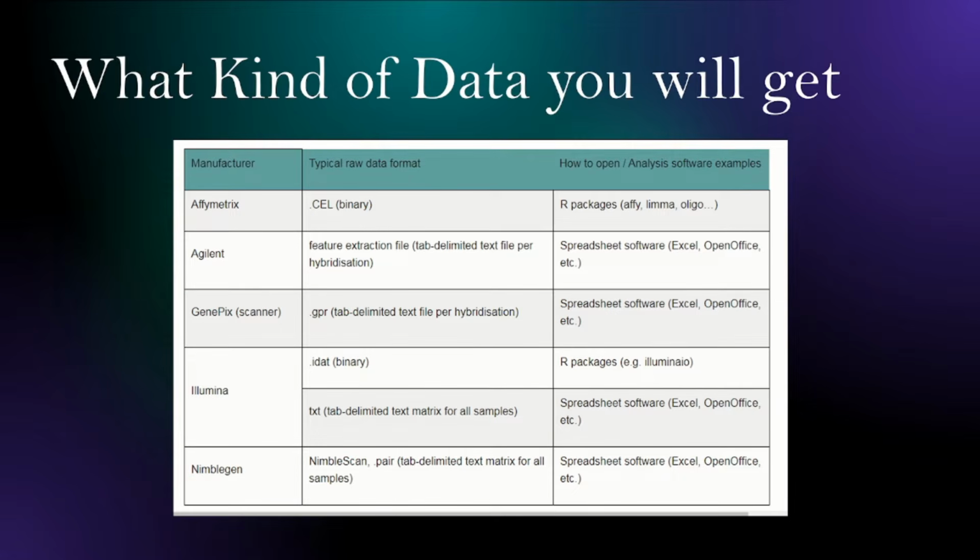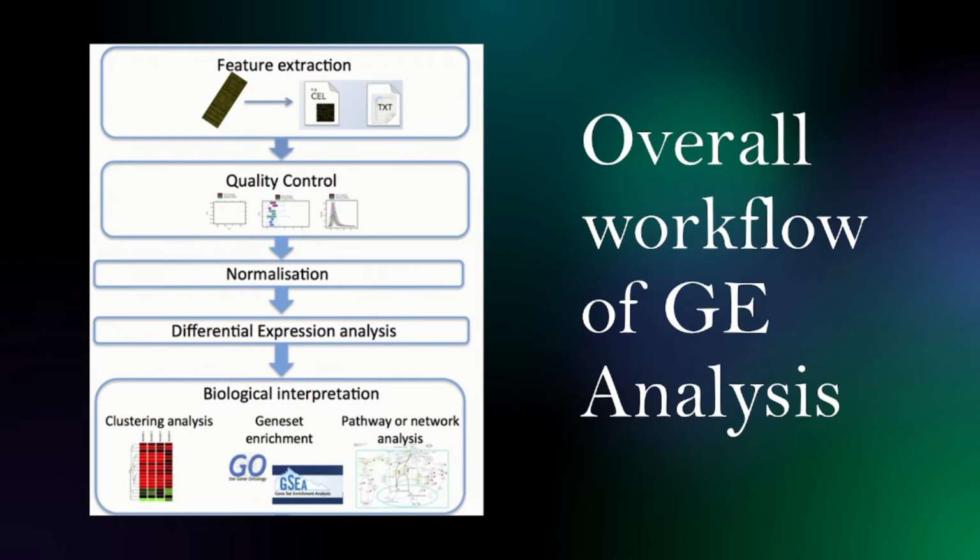Handling these files is critical because raw data is often noisy and requires multiple processing steps such as background correction, quality control, and normalization to ensure that whatever interpretation you give is accurate.